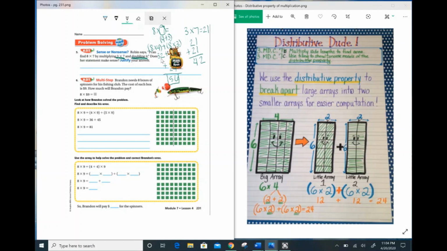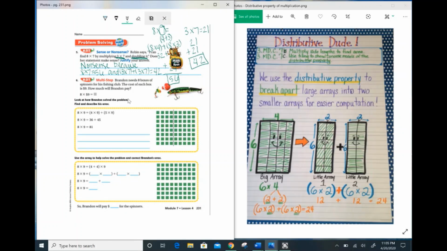So this is nonsense because 8 times 7 is equal to 56, and 3 times 7 plus 3 times 7 is equal to 42. I'm sorry, not 21, silly me. Whew, thank goodness I went back and checked it.